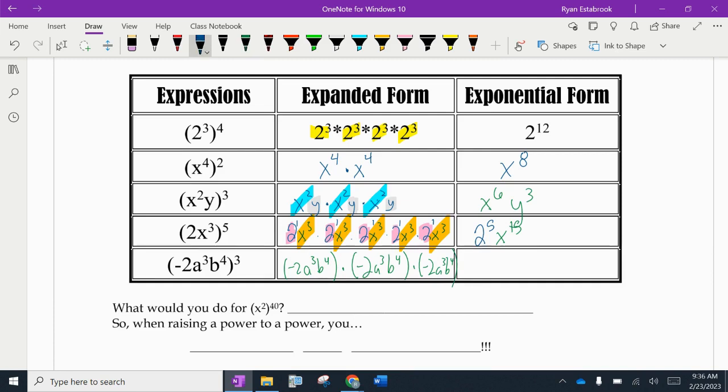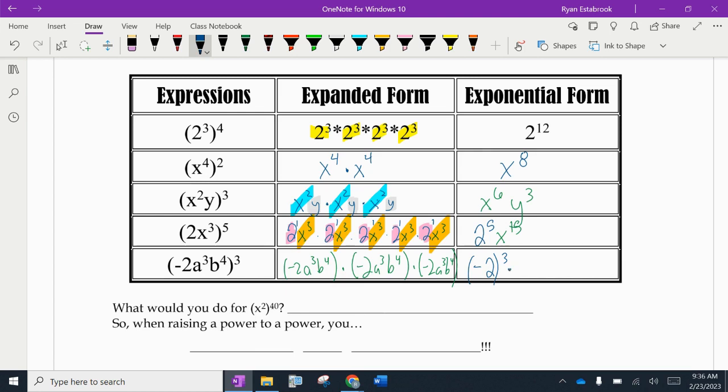Once we get into these negative bases, it gets just a little more difficult, just a little. Because negative 2 times negative 2 times negative 2 isn't this. This is saying the opposite of 2 cubed. This is saying multiply 2 by itself 3 times and then multiply by the negative. What we want is this: take negative 2 and cube it.